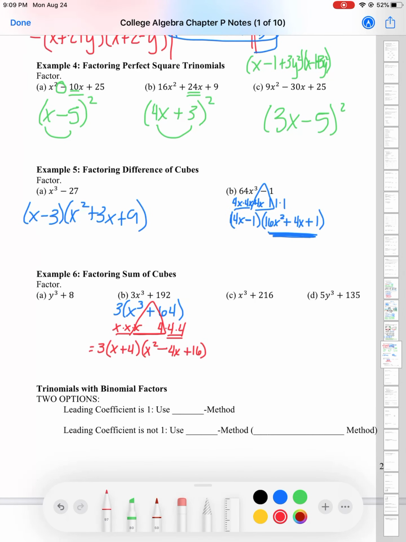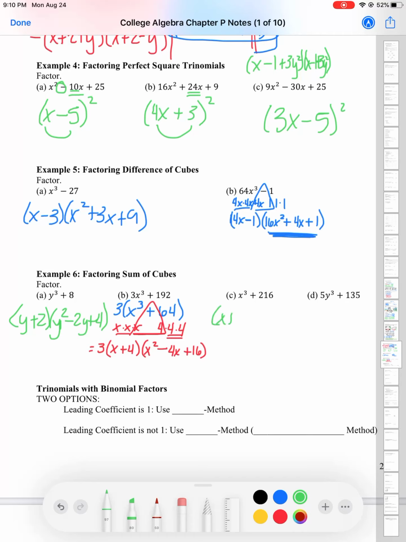So I'll quickly write in the correct answers in case you tried them on your own. So on A, we have y plus 2 times y squared minus 2y plus 4.